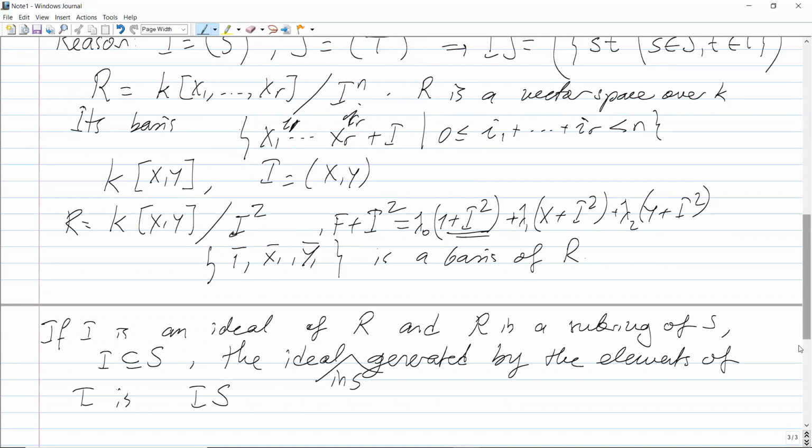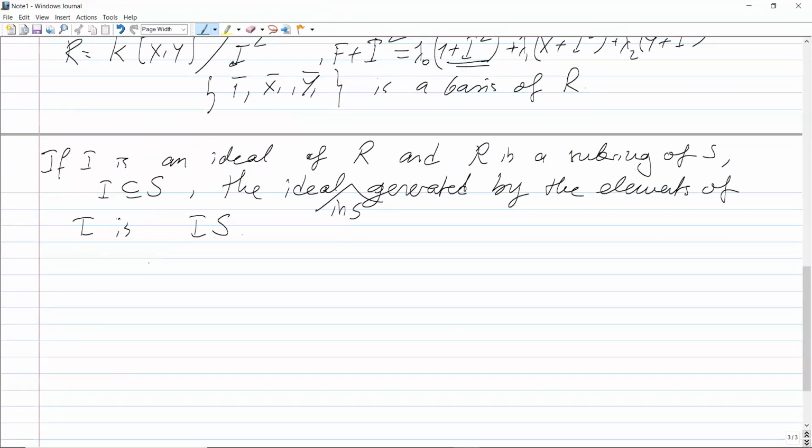You can check that (IS)^n and I^n S are the same thing.